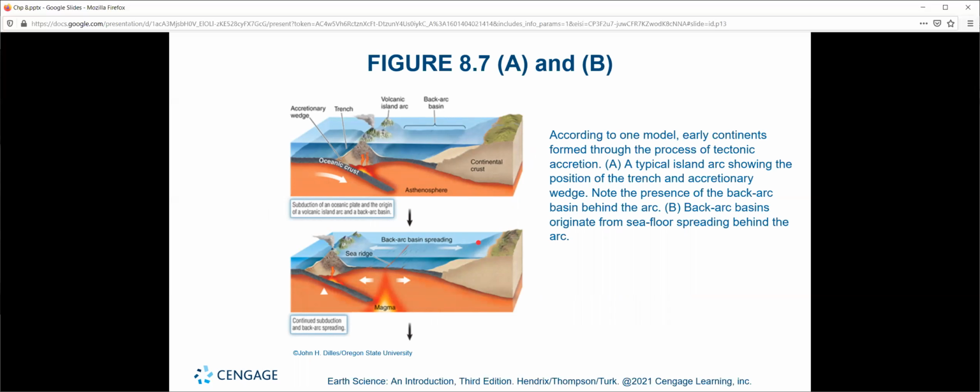According to one model, early continents formed through a process of tectonic accretion. The top picture there shows a typical island arc showing the position of the trench and the accretion wedge. Note the presence of the back arc basin behind the arc. Back arc basin shown here. This is the Aleutian Islands and Alaska, essentially. Maybe those back arc basins originate from the seafloor spreading behind the arc.